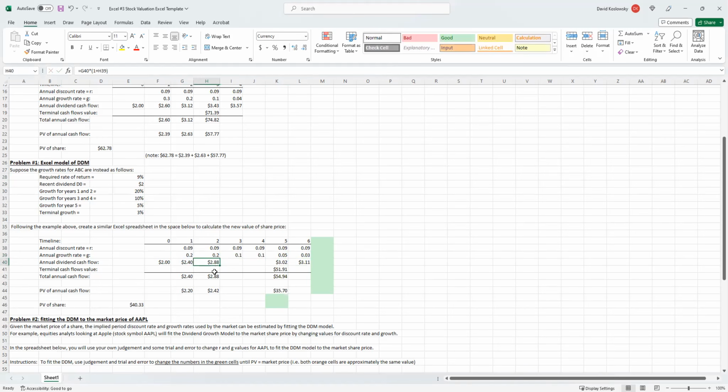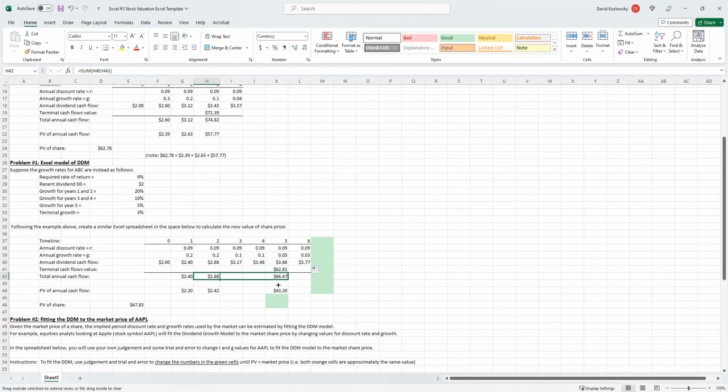Now, we have to go down to the next row and extend our formula to calculate all of the growth. It applies growth starting with D0. Now remember, we just missed D0, so down here, we don't sum D0. That's the model used here.